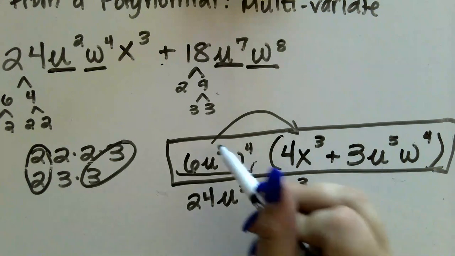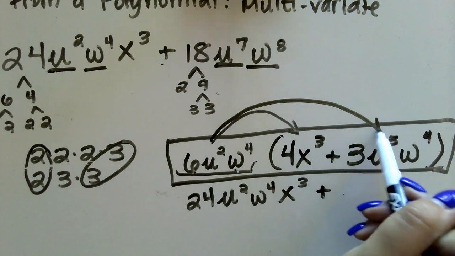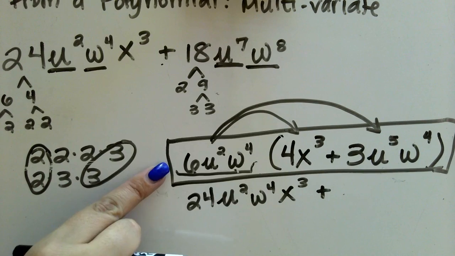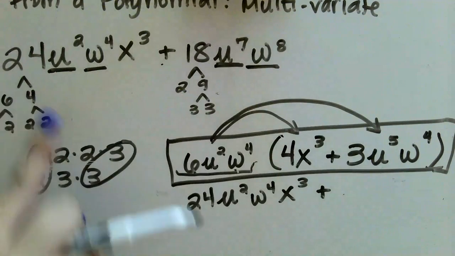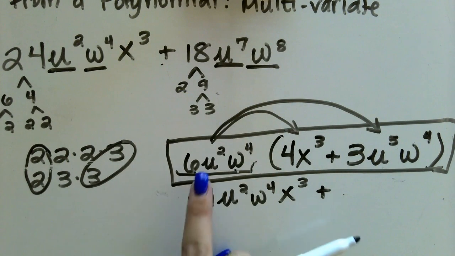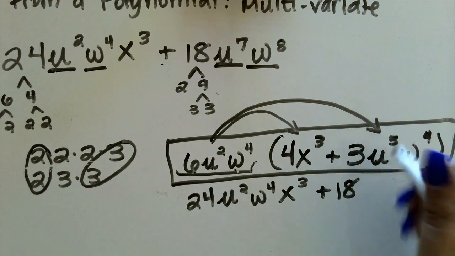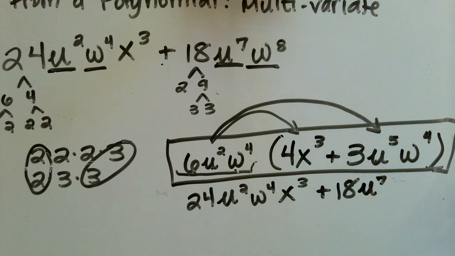Plus, again, bringing down that sign, we're going to multiply in this greatest common factor into the second term. We're proving to ourselves that this factored form is the same thing as our original expression. So going back, 6 times 3 is 18. U to the second times u to the fifth, using the product rule for exponents, is u to the seventh.